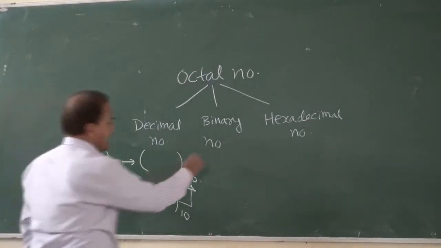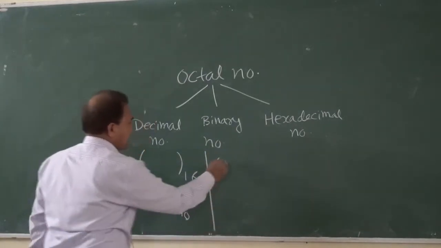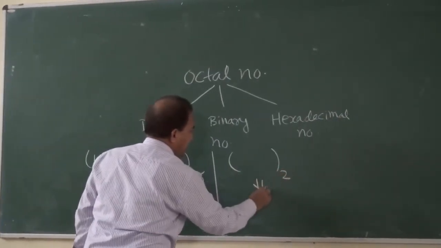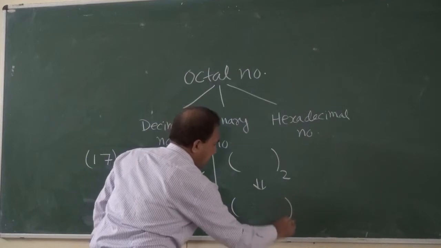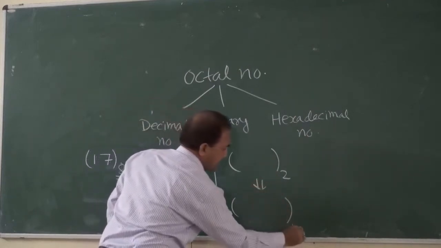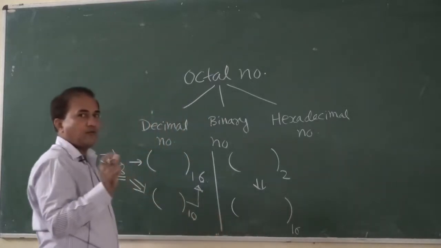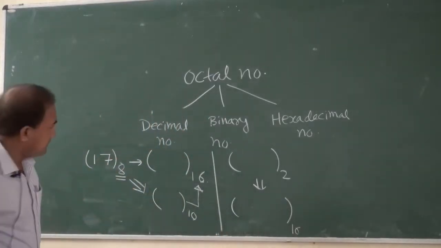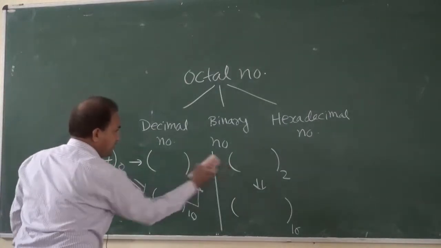That is the first method. And the second method is you can convert it to binary. Then a binary number can be converted to hexadecimal by combining 4 bits at a time. So this process is simpler.